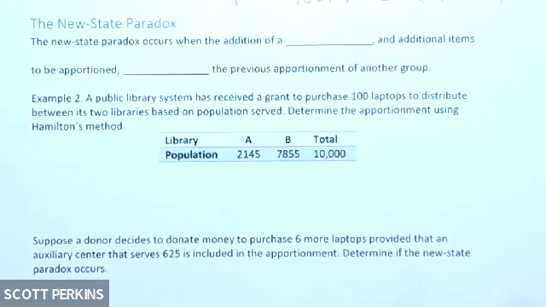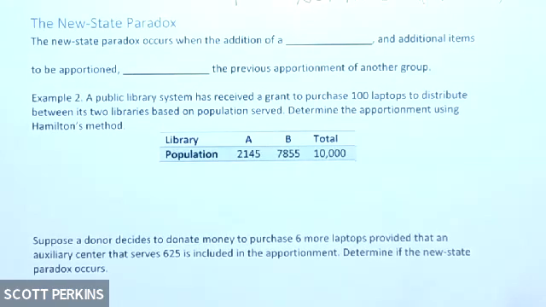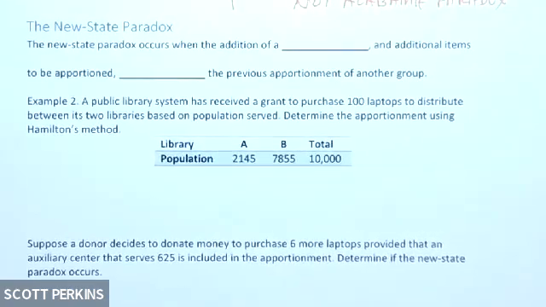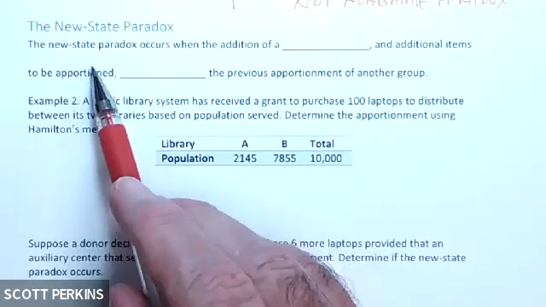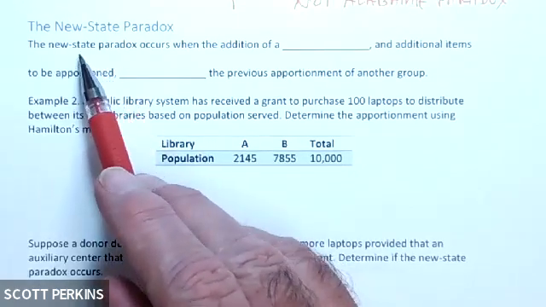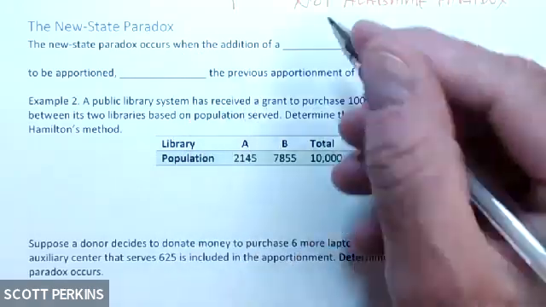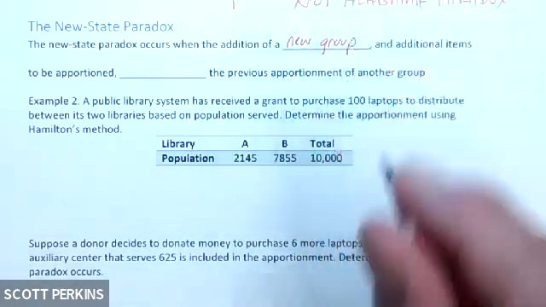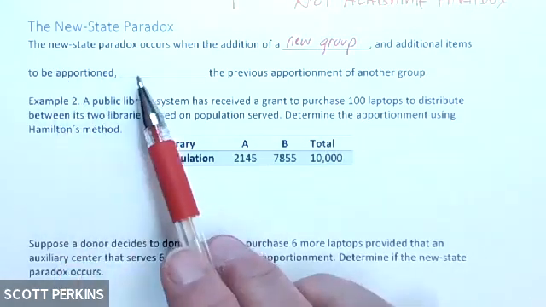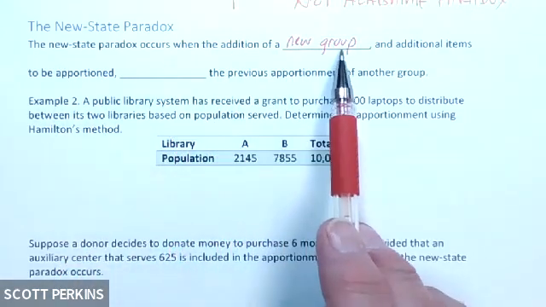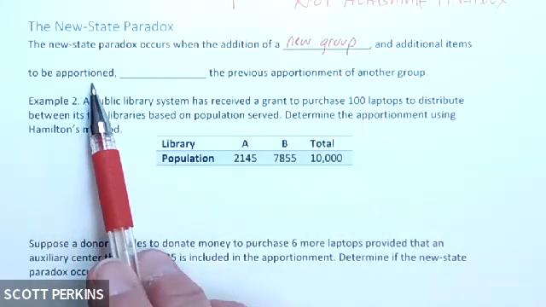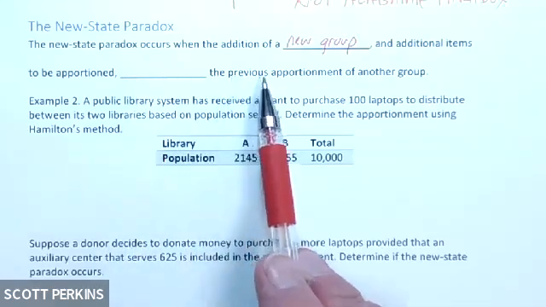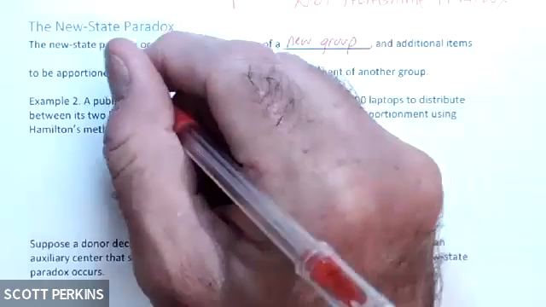So the new state paradox says this, and you can see how this developed. As a country, we added new states, and so there were things that had to be ironed out. So the new state paradox occurs when the addition of a new group and additional items to be apportioned decreases the previous apportionment of another group.